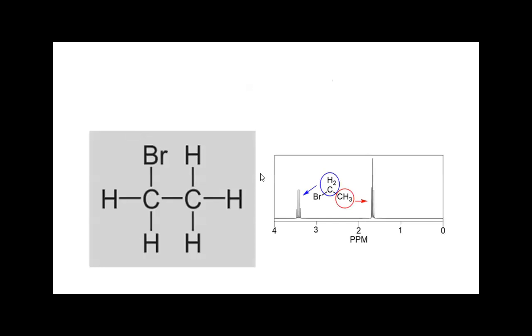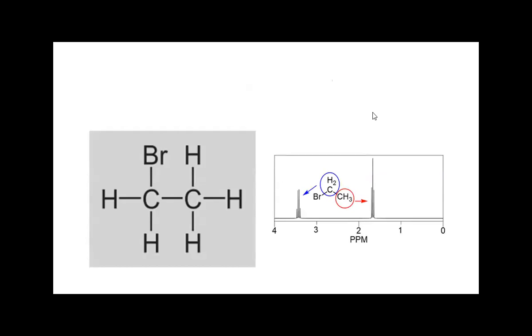I am just mentioning it now. The rule is that if I consider this hydrogen alpha, these are beta. So they are the neighbor hydrogens and they affect these hydrogens, and this causes the spin interaction.